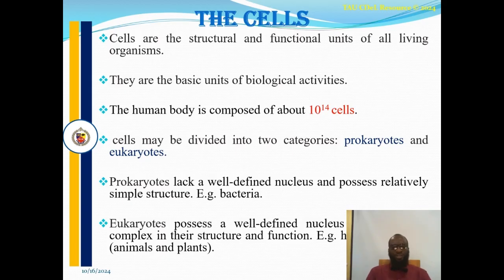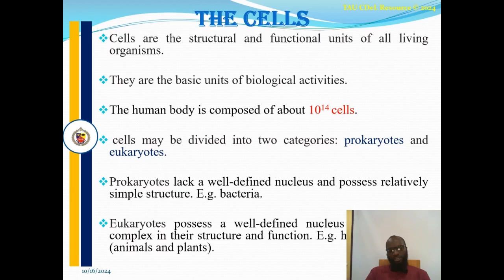We have trillions of cells in our body, and these cells may be divided into two categories. We have prokaryotic and we have eukaryotic cells. The prokaryotic cells are the primitive cells. They are the cells of the lower organisms, while the eukaryotic cells are the more complex cells, the cells of higher organisms like humans.